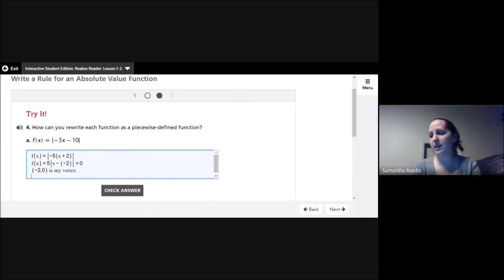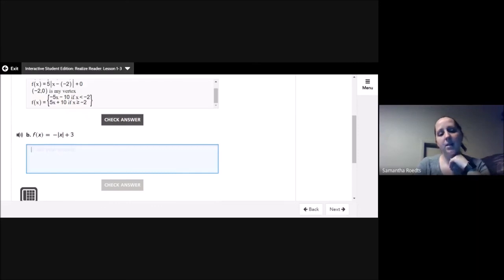Okay, so when I'm writing this, I have f of x equals negative 5x minus 10 if x is less than negative 2, and 5x plus 10 if x is greater than or equal to negative 2.